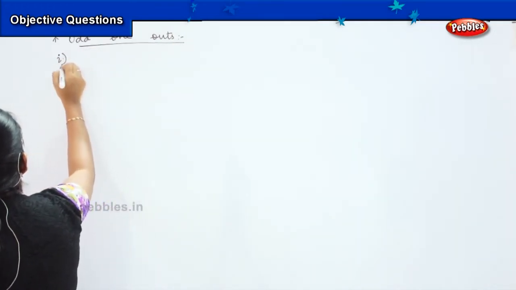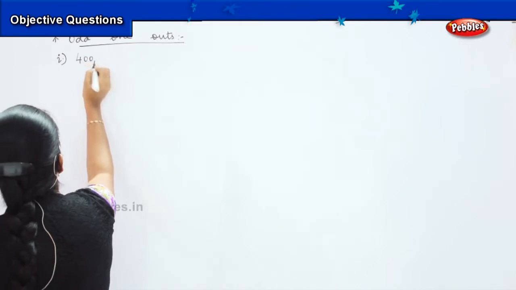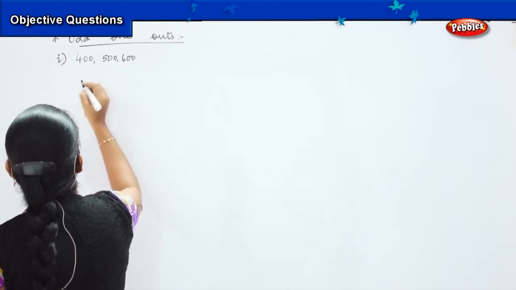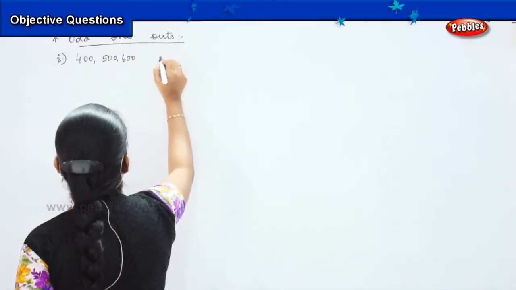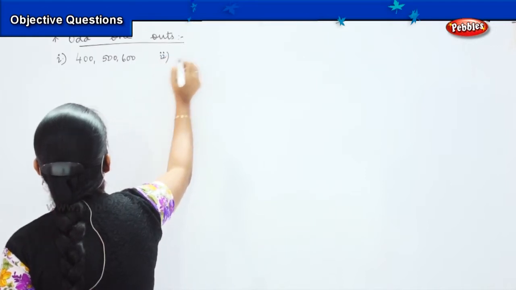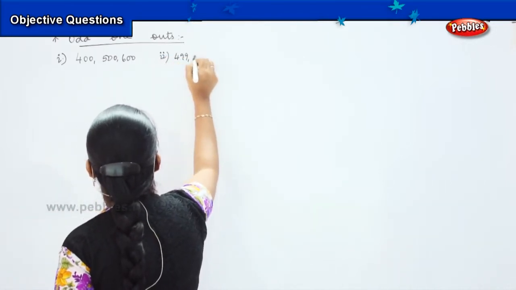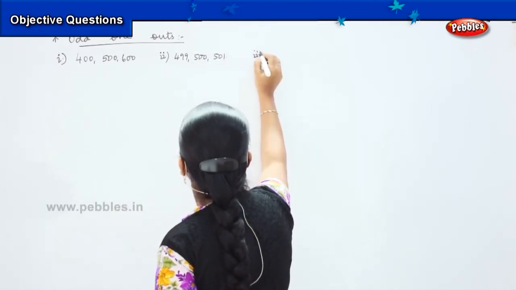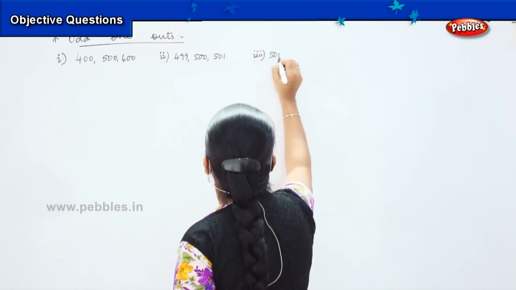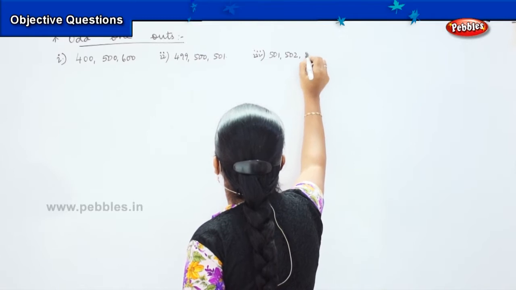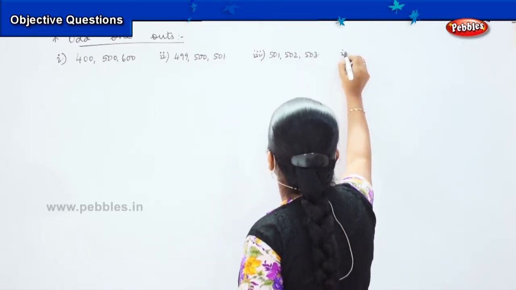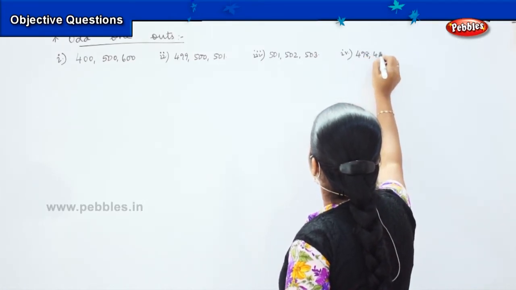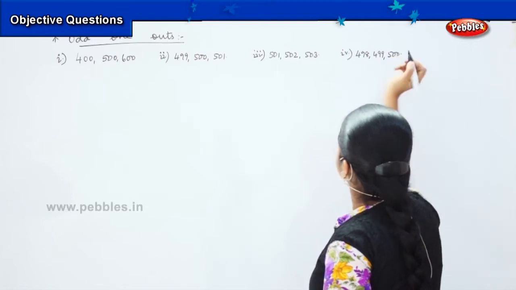And your first question is: 400, 500, 600; 499, 500, 501; 501, 502, 503; and 498, 499, and 500. Okay?